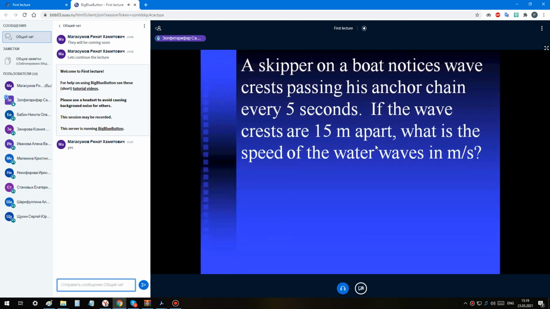A skipper on a boat notices wave crests passing his anchor chain every 5 seconds. If the wave crests are 50 meters apart, what is the speed of the water wave in meters per second?